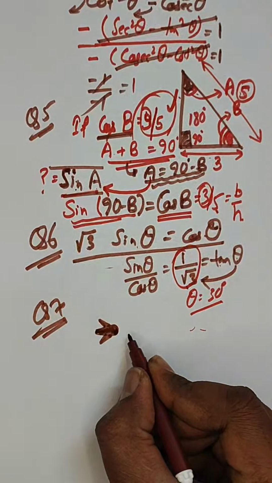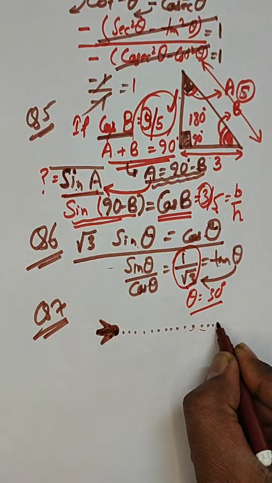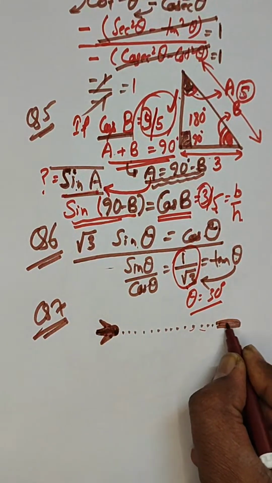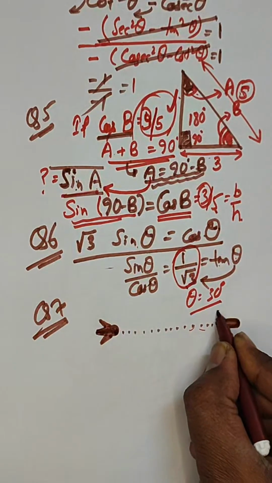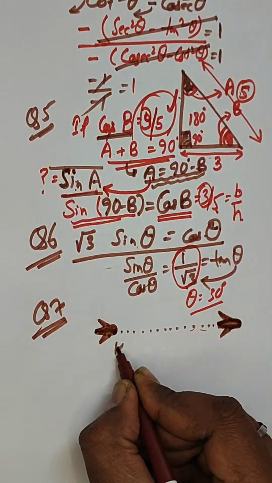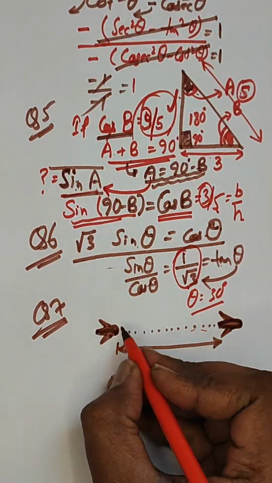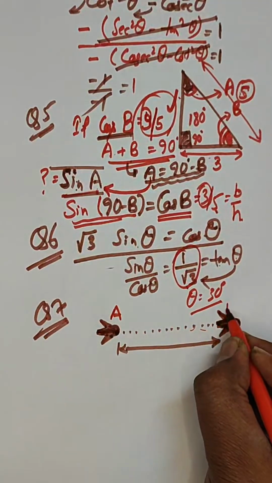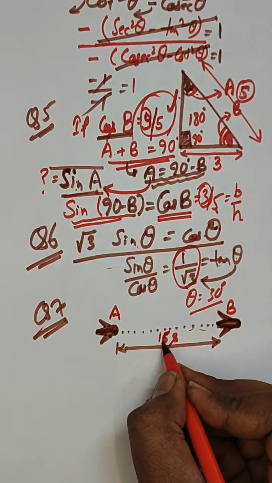In 15 seconds of time, it changes its position from A to B. So the time taken to fly from point A to point B is 15 seconds.